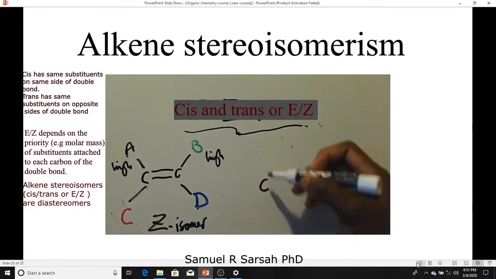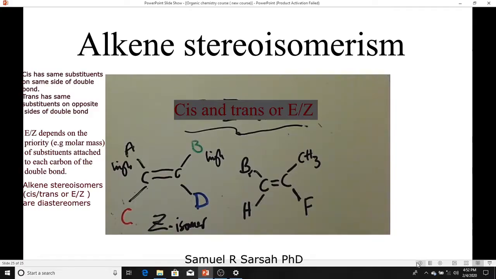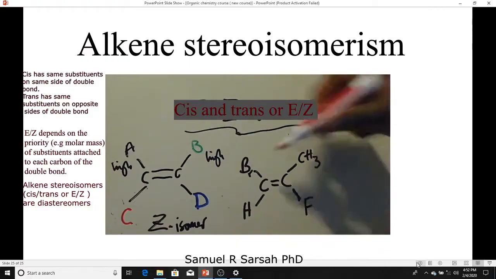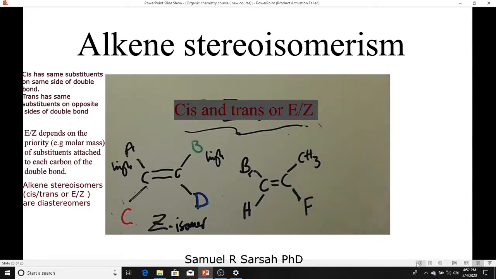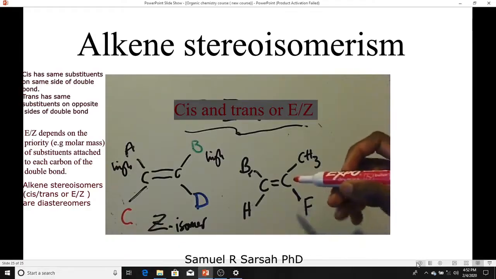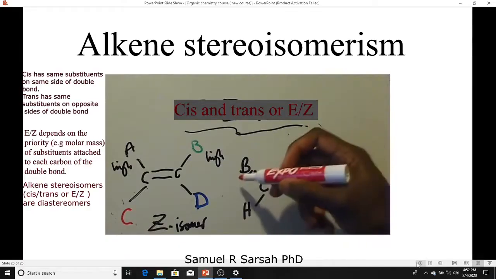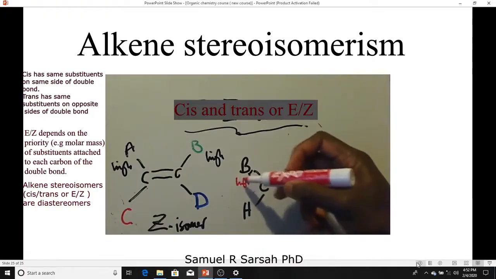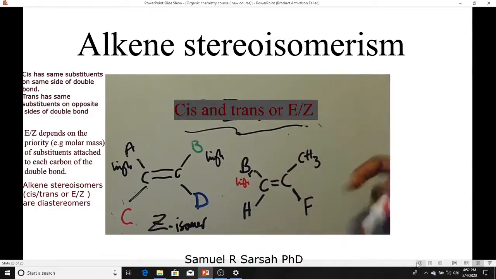For instance, we have this. So I have a situation where I have 4 different groups. This is a methyl group, this carbon on the side, which is bromine, this is fluorine. So over here, this is high priority on this carbon. On this carbon, this is high priority.